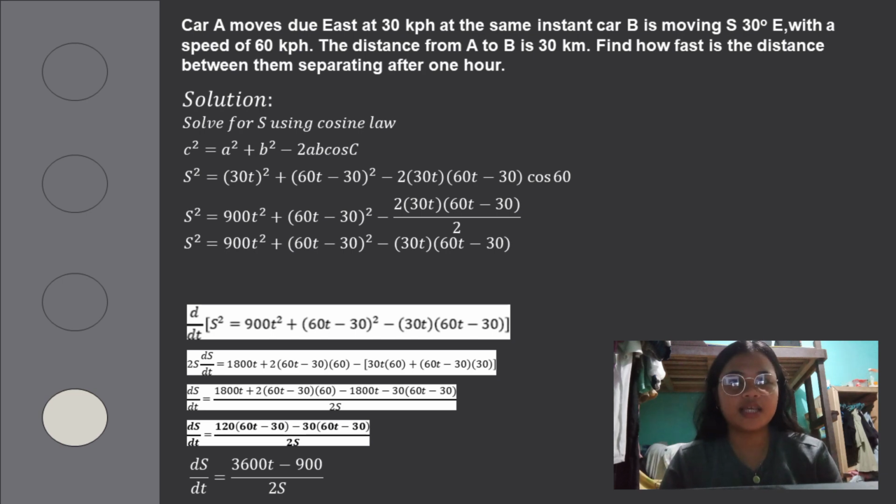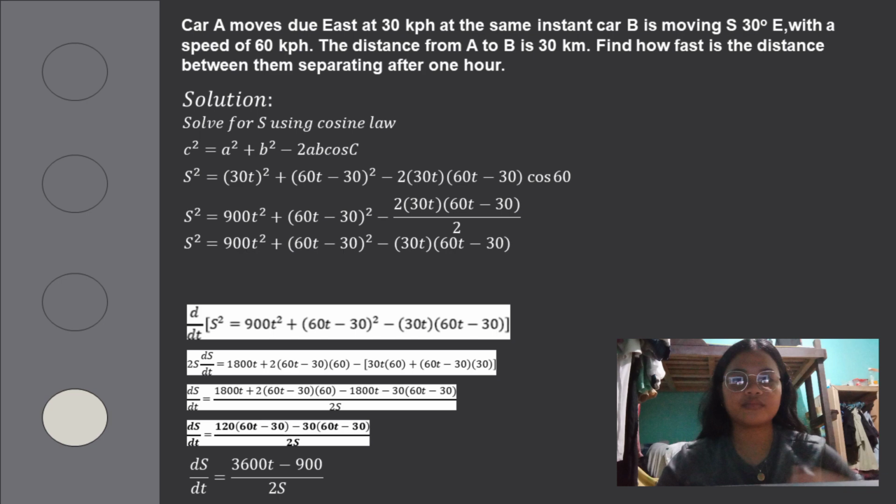Following the operations, s squared equals 900t squared plus (60t minus 30) squared minus 2 times 30t times (60t minus 30) over 2. We just follow the operations. So s squared equals 900t squared plus (60t minus 30) squared minus 30t times (60t minus 30).